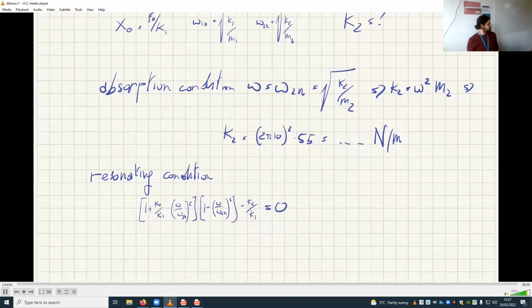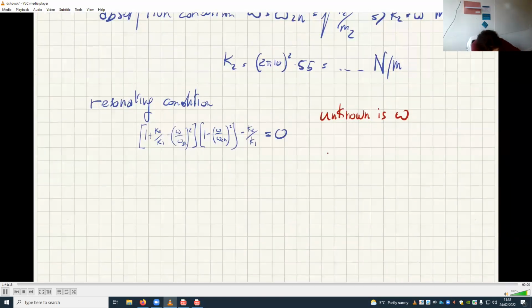Sorry, K2, omega is the only unknown. The only unknown here is omega. Since it's omega squared, as you can see, these omegas are all squared, this is a second order equation. So omega has two solutions.